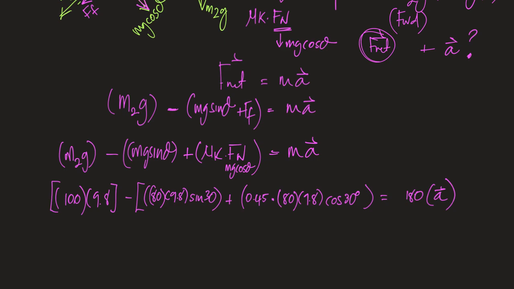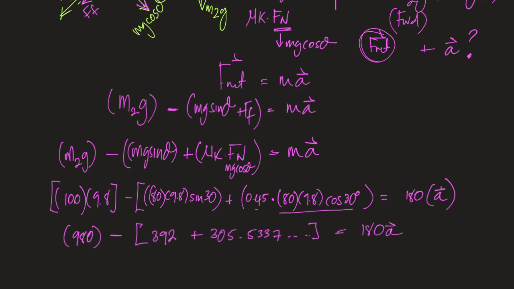Right, essentially I've got 980 here minus 80 times 9.8 sine 30, which is going to give me 392, plus 0.45 times 80 times 9.8 cos 30, which is going to give me 305.5337, etc., which is equal to 180 acceleration.